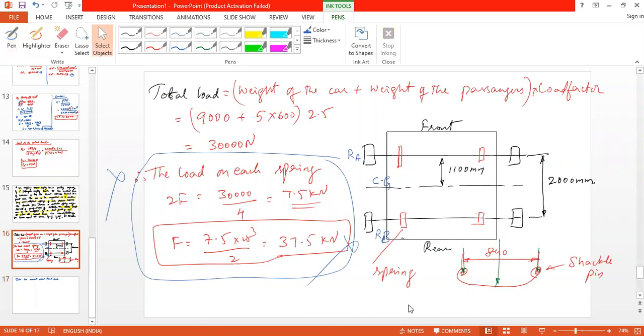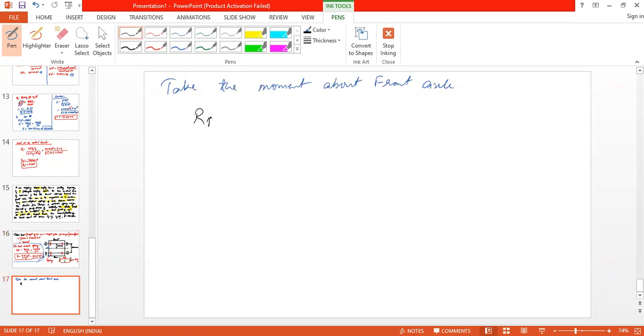If I take the moment about the front axle, it is reaction RA multiplied by the total length, RA multiplied by 2000, that is equal to 30,000, which is the load acting on CG, at a distance of 1100 mm.